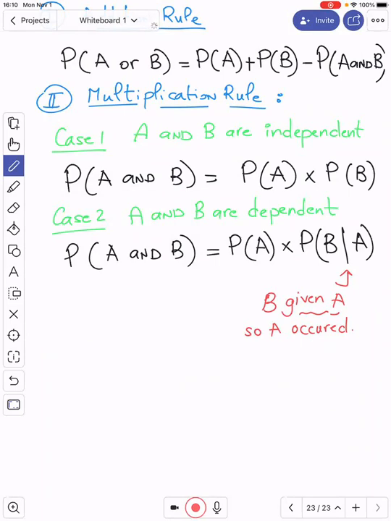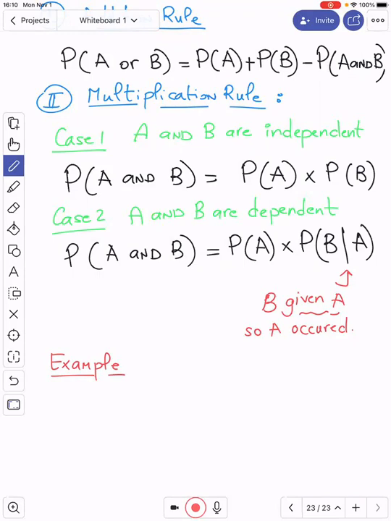Then I will give you a couple of exercises because we need to practice a little bit in this section. Sometimes computing probabilities is not obvious. So I'm going to give you an example and then I will go over some exercises in the textbook.